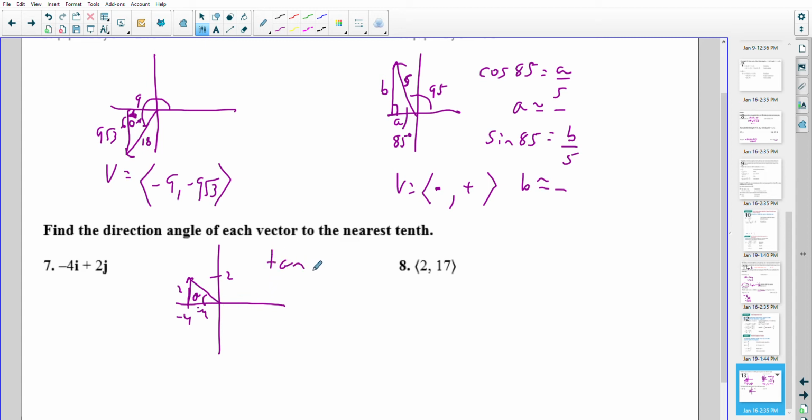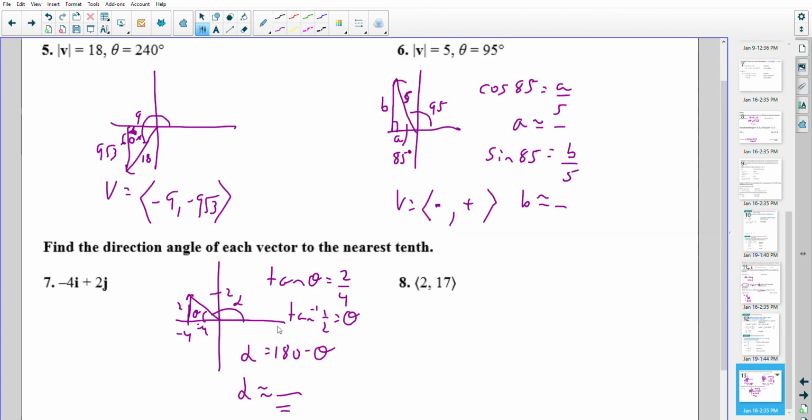So tangent of theta is equal to 2 over, and I just like to do positives, 4, and then just remember I'm going to have this angle, and what I really want to find out is my alpha, this angle. So alpha, remember, is going to be 180 minus your theta. So it's 2 over 4, and you would use tangent inverse of 1/2 is equal to your theta, and then you'd plug that in to get your alpha, and alpha would be your direction angle.